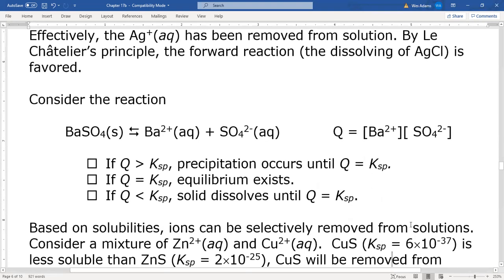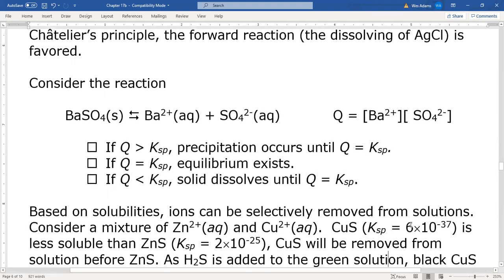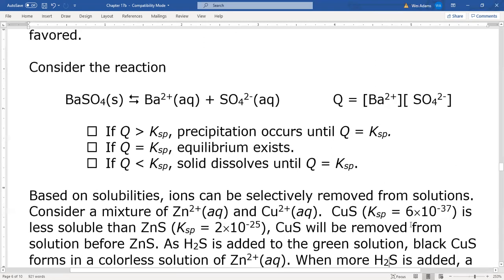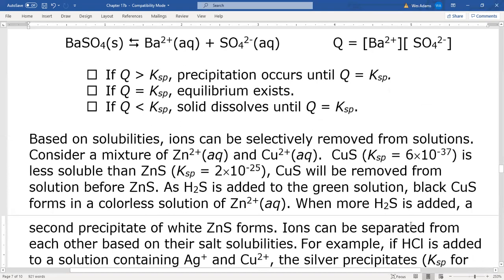Based on KSP, we can also selectively remove ions from solutions. Say we've got zinc versus copper.